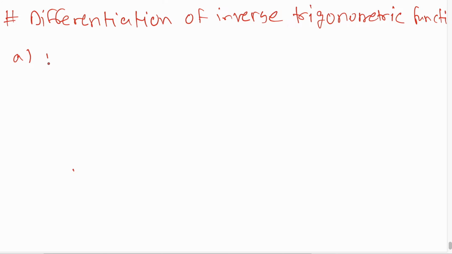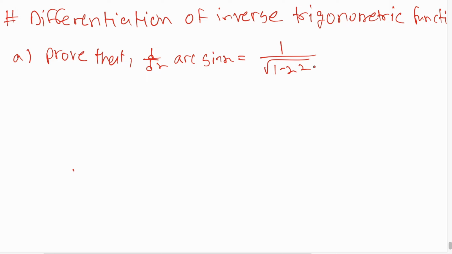A part will be proof that d/dx of arc sin x is equal to 1 by root 1 minus x square. So let's say y is equal to arc sin x, that means y equals sine inverse x, that means x is equal to sin y.